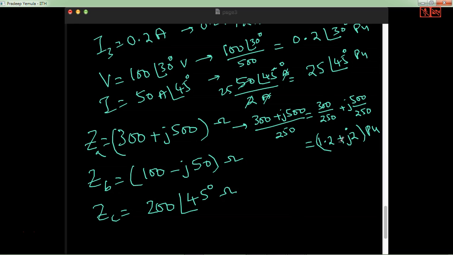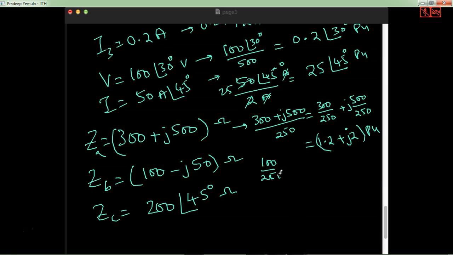So like this, 1.2 plus J2 per unit. So similarly, if I divide by 250, 100 by 250. I think you have to just do the calculation.